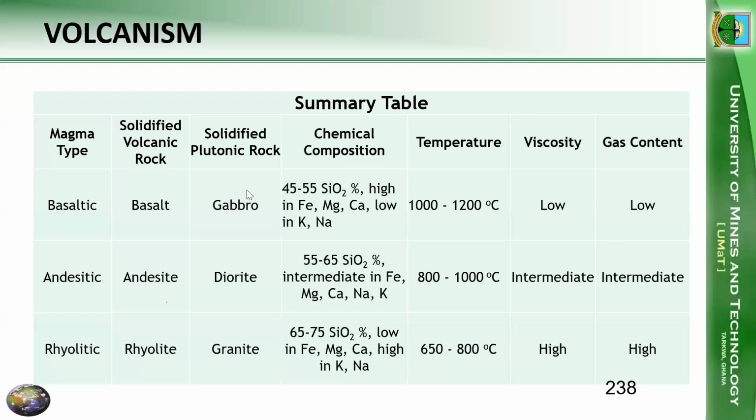The only thing that is going to be low, that corresponds to high silica contents, is what? There is one feature that corresponds to high silica content. Any ideas what that is?